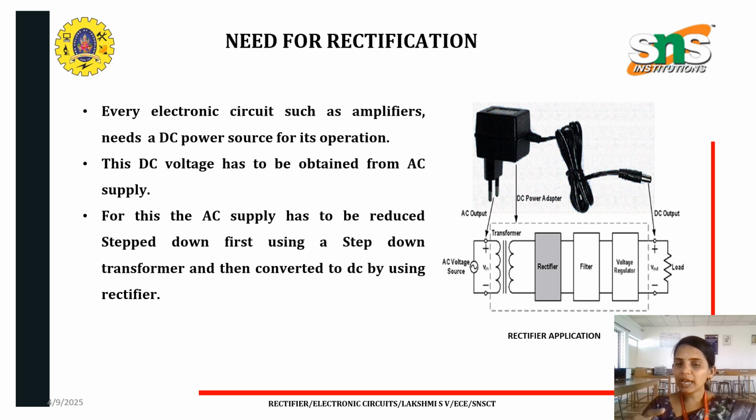The output of that circuit will not be a pure DC. To remove the AC components present in that DC, we use a filter, and then in order to provide constant DC power supply to the electronic device, we use the voltage regulator. So that is the rectifier example which I have given.